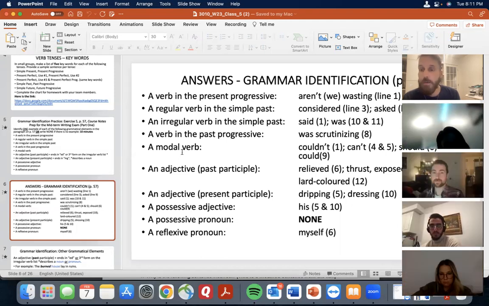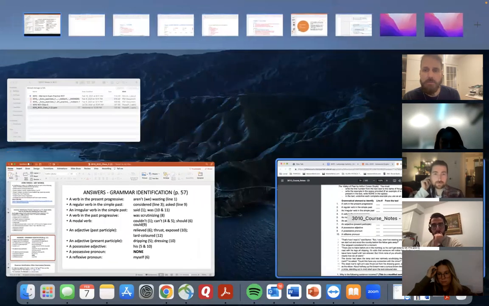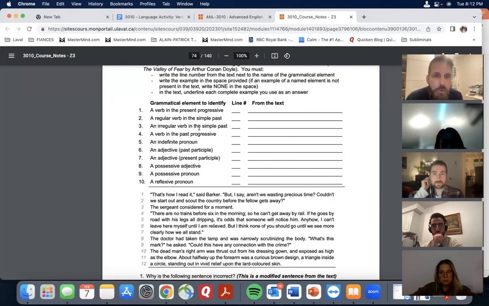Now, modal verb, that was not on the sheet. Here these are answers for modals, but that was not one of them you had to do. Let's go back to the possessive adjective.